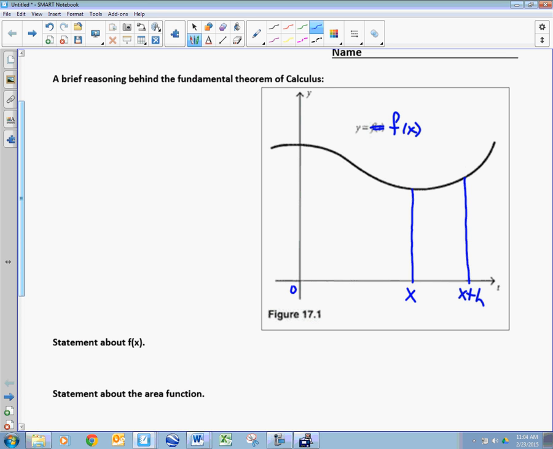I'm going to write a secondary function, and the secondary function is going to be A of x. A of x refers to the area bounded by the curve f of x and x plus h.